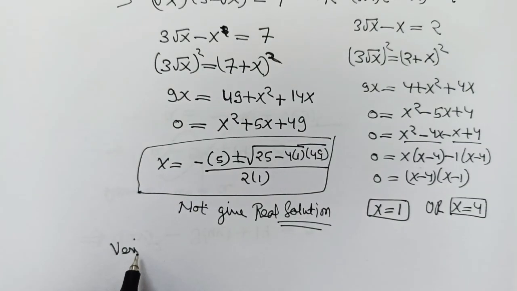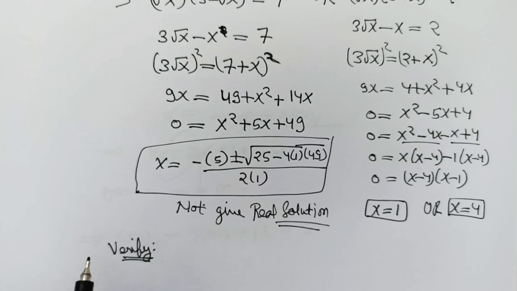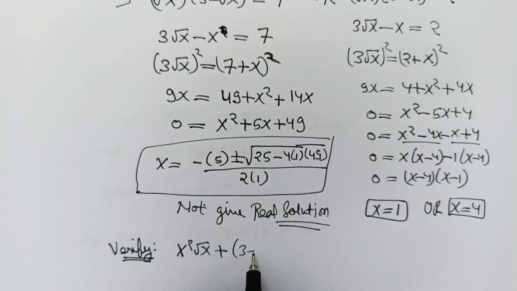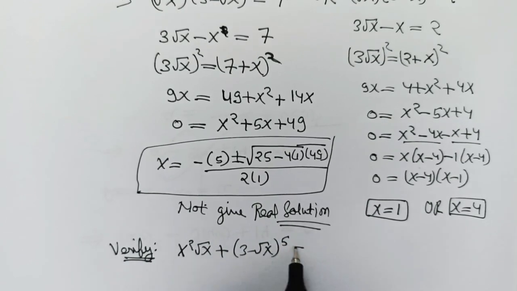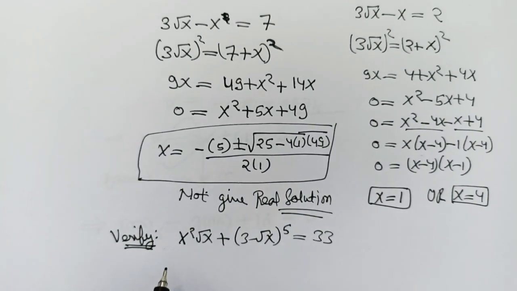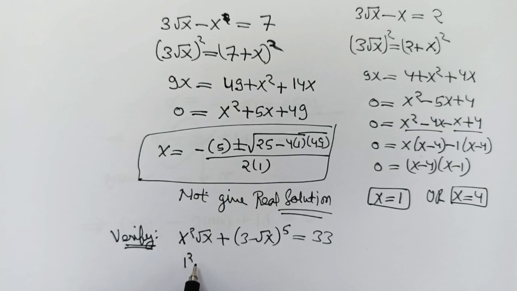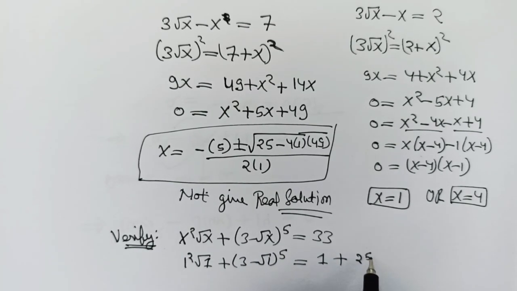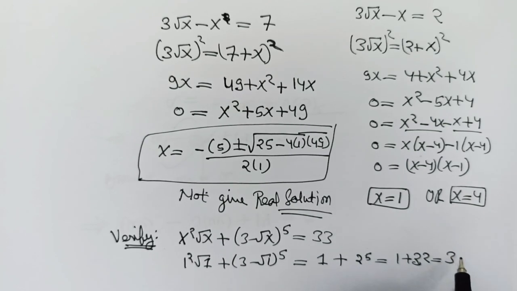Now verifying. To verify, first of all, the given equation was x square root x plus (3 minus square root x) whole power 5 was equal to 33. Now putting x equal to 1, we have 1 square into square root of 1 plus (3 minus square root of 1) power 5 is equal to 1 plus 2 power 5, that is equal to 1 plus 32, which is nothing but 33.